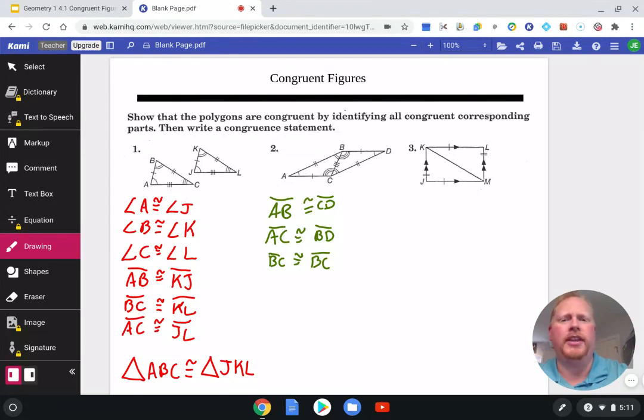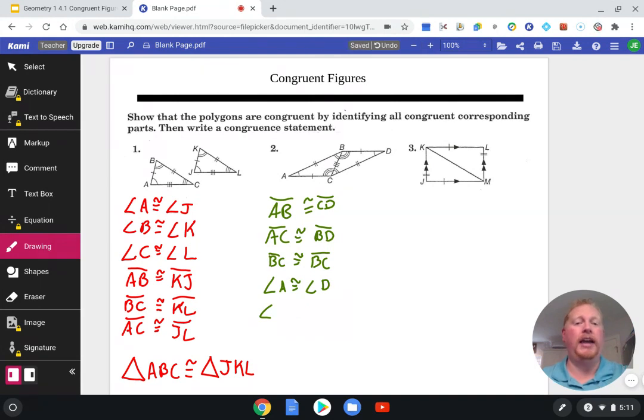Let's finish this off with the angles. So angle A is congruent to angle D. Angle B is congruent to, hang on a second, there's more than one angle B. So I cannot write angle B is congruent to anything because I'm not being clear as to which angle B I'm talking about.